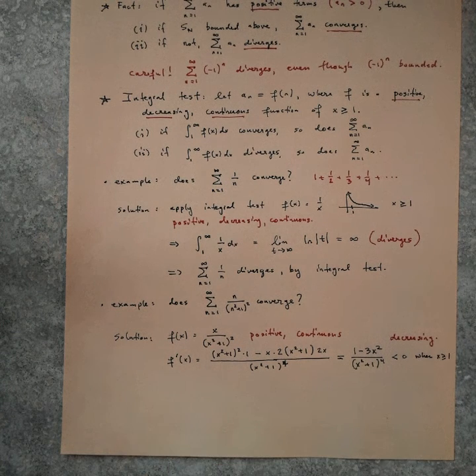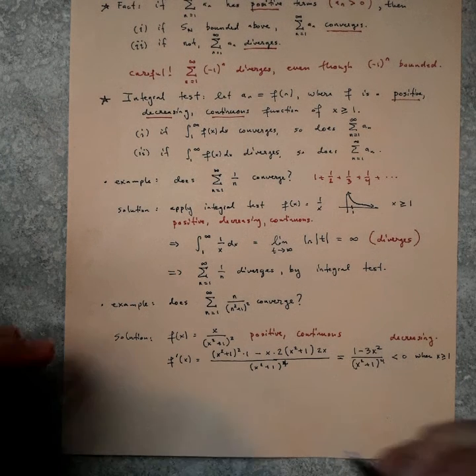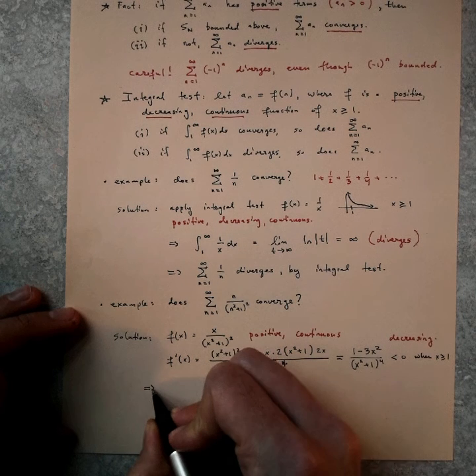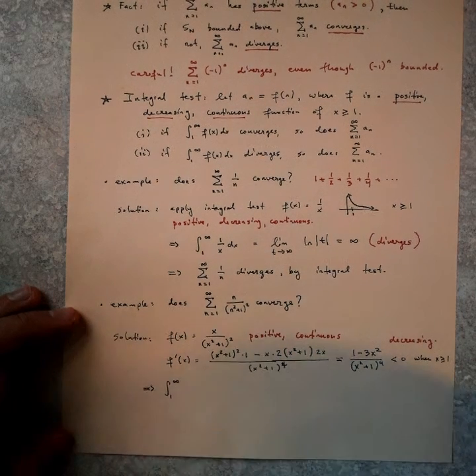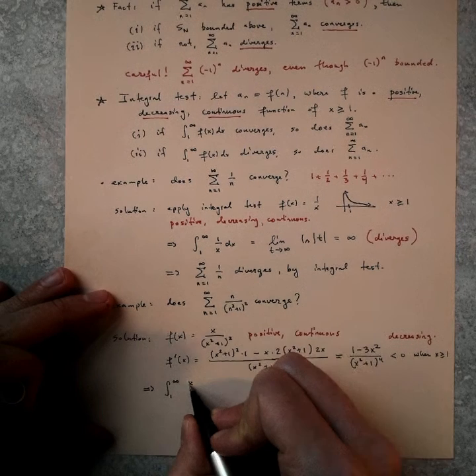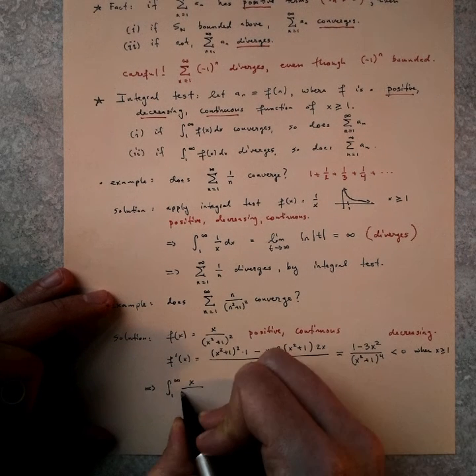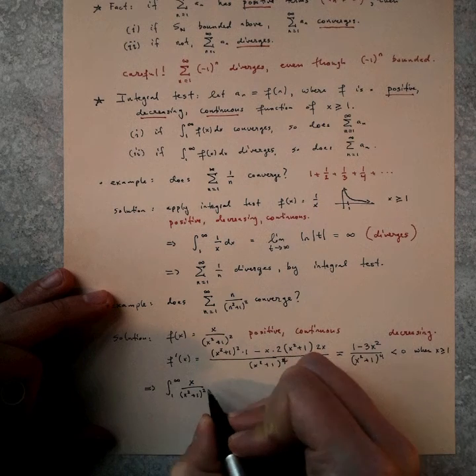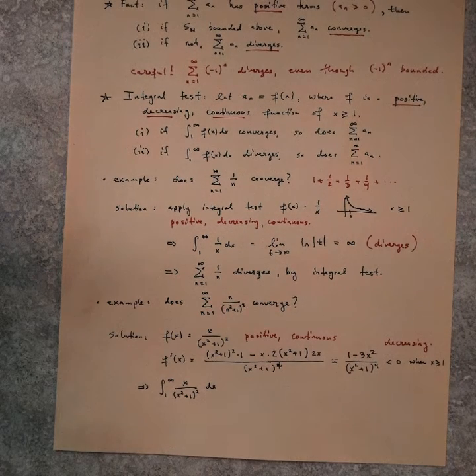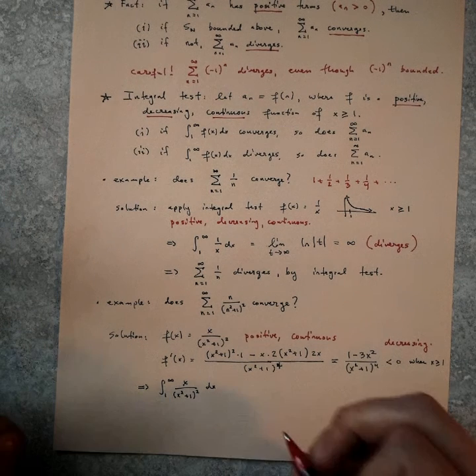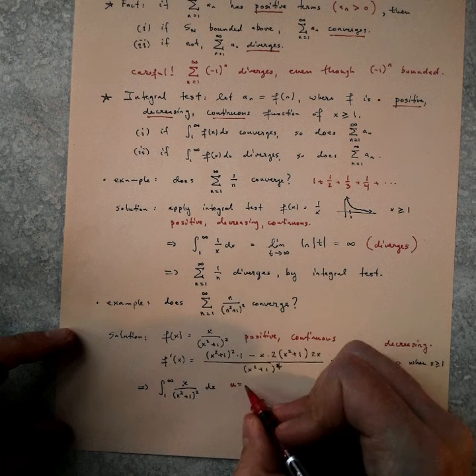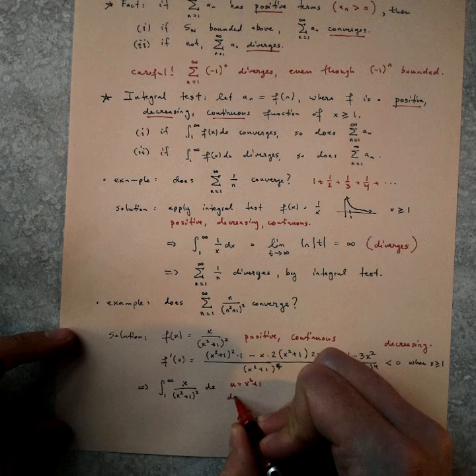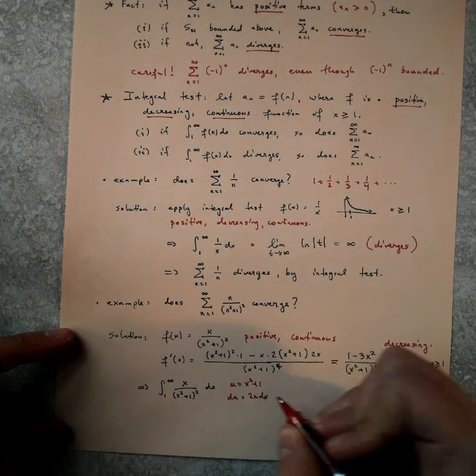Okay. So now all I need to do is calculate the integral of this term. And I don't even need to calculate it, I just need to determine whether this integral converges. And this is a straightforward u substitution. So I will let u be x squared plus 1, so that du is 2x dx.